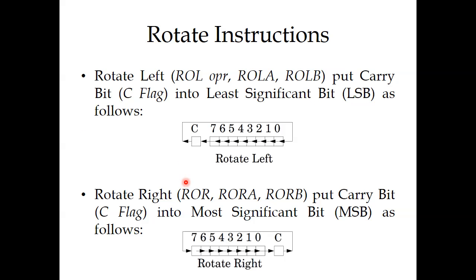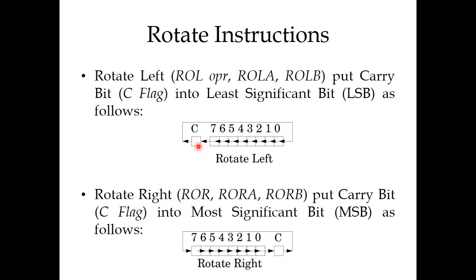Now let's try some rotate instructions. We have rotate left and rotate right. The idea is similar, but there is a little difference, because rotate actually rotates the whole thing. Whatever you have in the carry is entered from the right side, and everything is pushed left all the way to the carry.